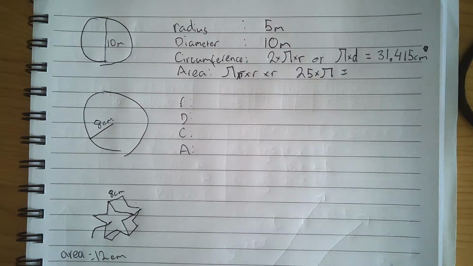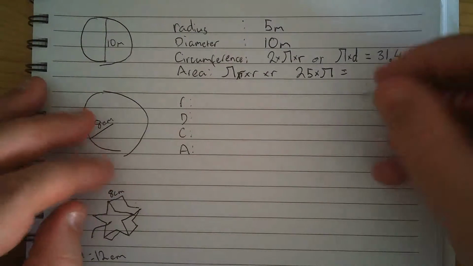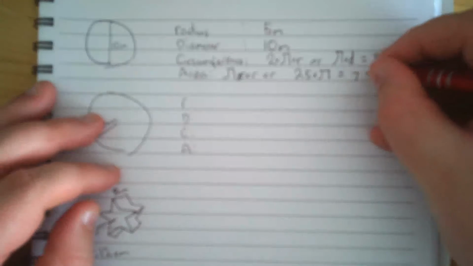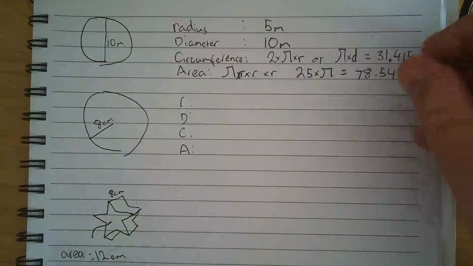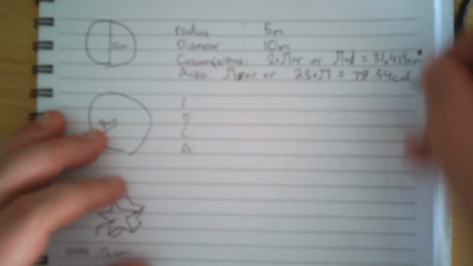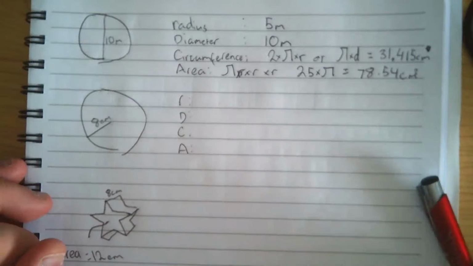So if I've done this right, it should be a little bit higher than that. 25 times pi gives me 78.54, and that's centimeters squared. All right, so that's the area.